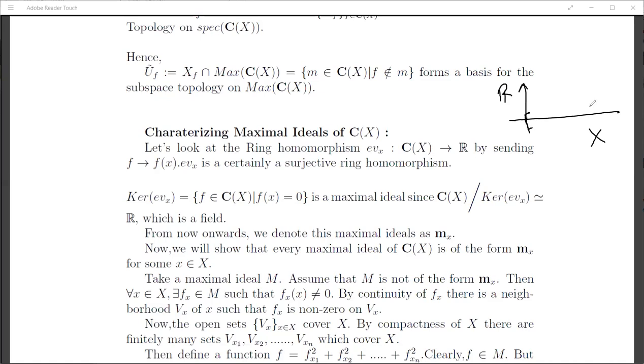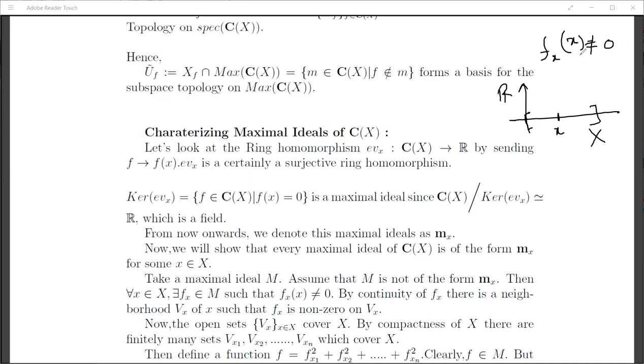Suppose this is my space X. So if my maximal ideal is not of the form m_x, that means for all x belonging to X, I can find a function f such that f does not vanish at this point, isn't it? Because I'm assuming that the maximal ideal is not of the form m_x. So for every x, I will get an f which does not vanish at that point.